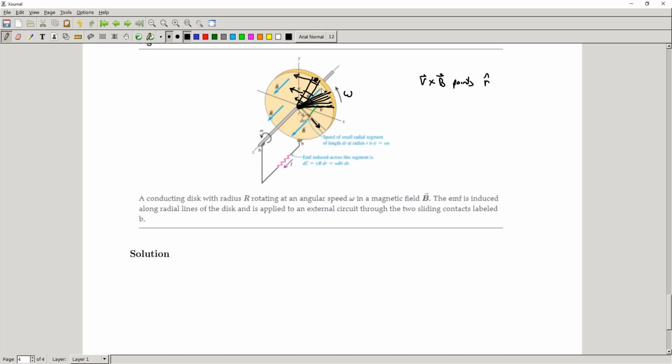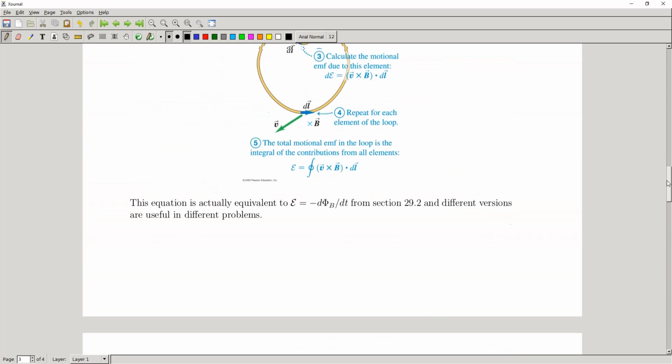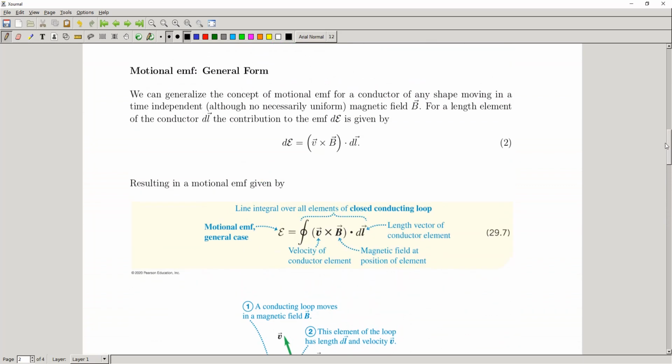Okay. And what we're going to end up doing is integrating along one of these wires. So we're basically just taking one wire, breaking that wire up into a ton of tiny little segments, and integrating over each of those. When we think about it in those terms, it's not so bad, because then we can just go back to the integral that we wrote down up here, right?